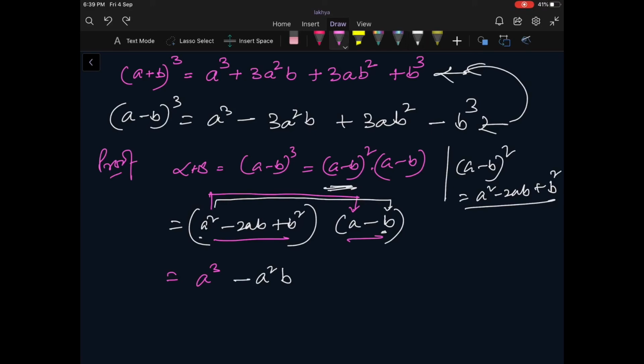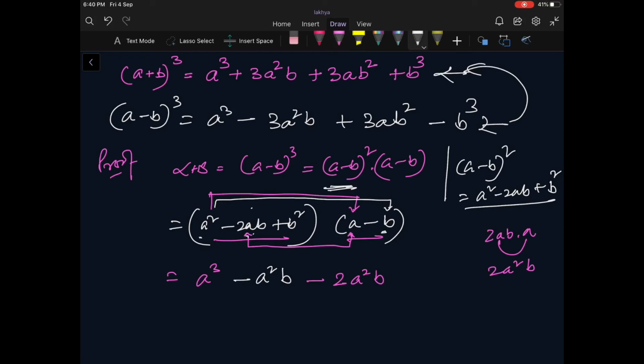Now let's move on to the next term, minus twice ab. Multiply this term minus twice ab with a, that gives minus twice a square b. Then what will be the next term?